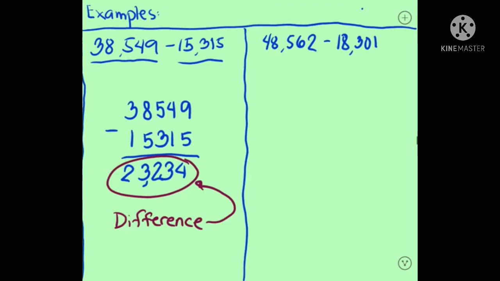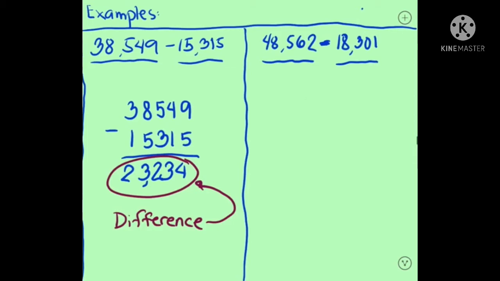Again, we need to line up first. But before that, let us first read the problem. We have here 48,562. What is the symbol? The symbol is minus 18,301. Okay? And now let us put them in our solution process.